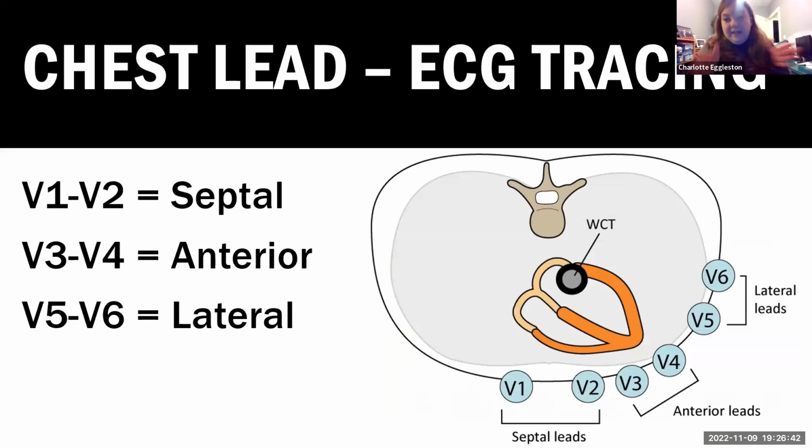Obviously our heart doesn't sit straight on, it sits slightly curved. This is really helpful when we think about STEMIs and where different views of the heart are. It's helpful to know the anterior is V3, V4, septal is V1, V2, and then lateral is V5, V6.